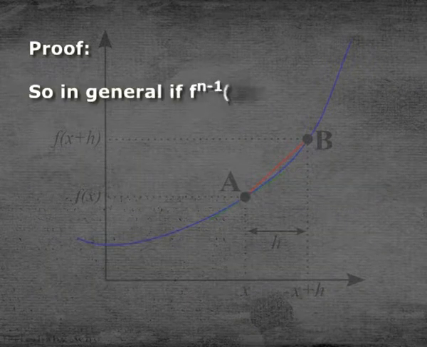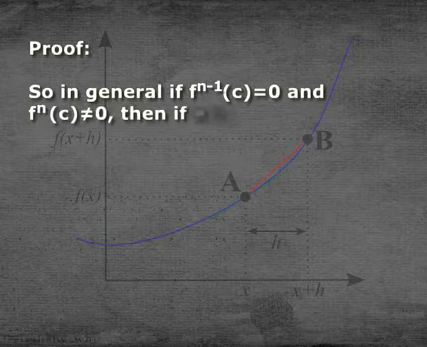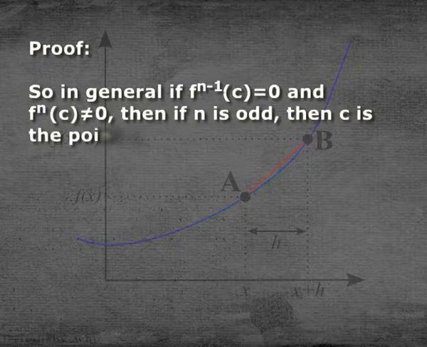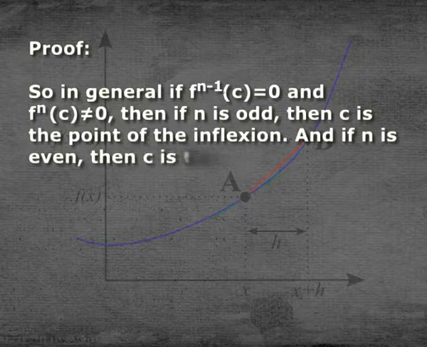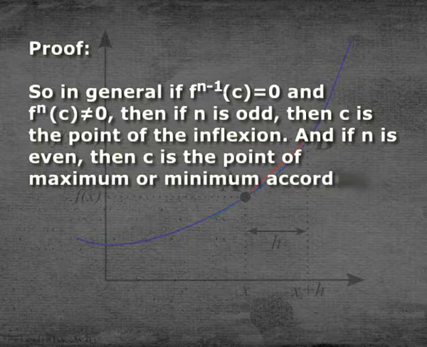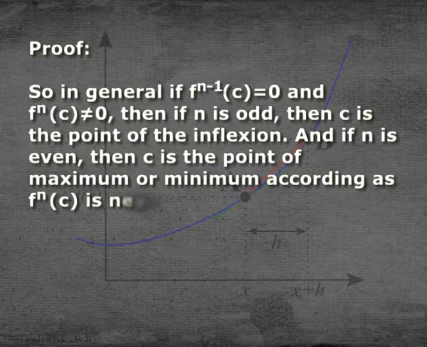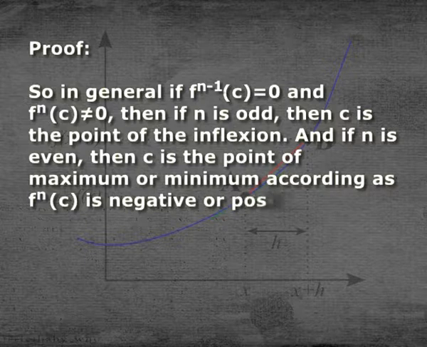So in general, if the (n minus 1)th derivative at c is equal to 0 and the nth derivative at c is not equal to 0, then if n is odd, c is the point of inflection, and if n is even, then c is the point of maximum or minimum according as the nth derivative at c is negative or positive.